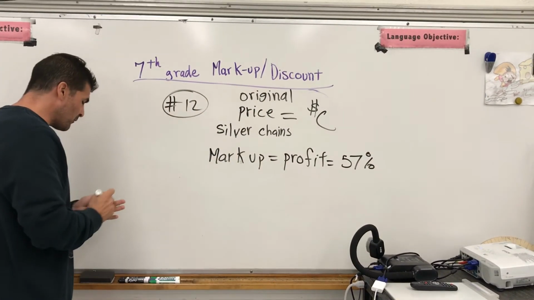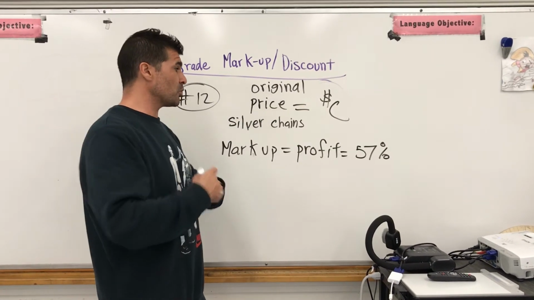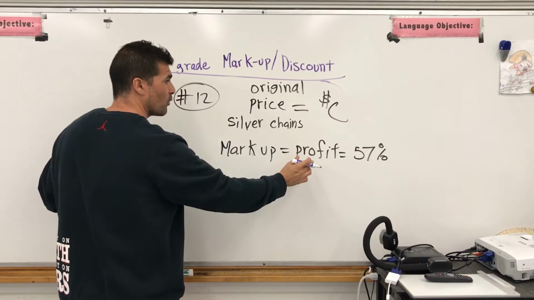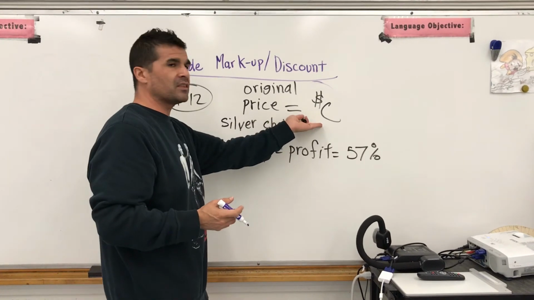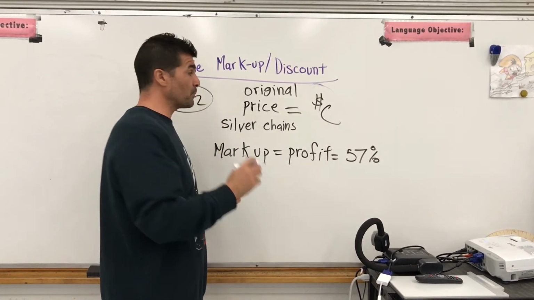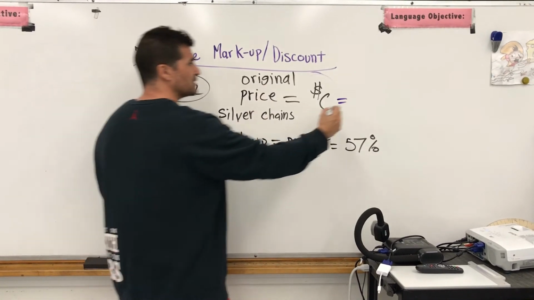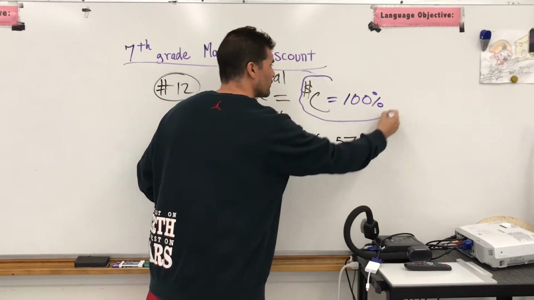Now, the problem for some of you is that you don't know what amount of money this is. So you want to take this and increase it by 57%, but you're thinking, I don't know what money this is. But you do know what percent it is. See, this original price for the silver chains, this is 100%. And we've already gone over this fact.